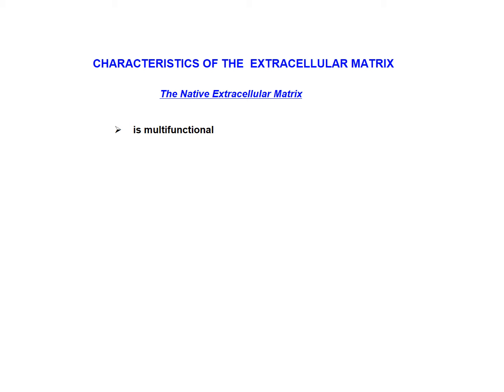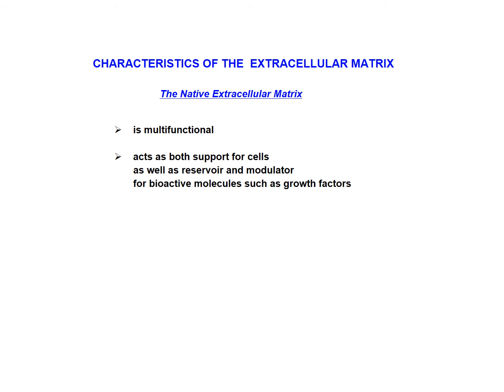The extracellular matrix of tissues is an environment that has many functions. It supports the cells contained in the tissue, but at the same time, because it contains a lot of bioactive chemical compounds such as growth factors, it provides that kind of stimulation needed for the function of the cells pertinent to new tissue formation.